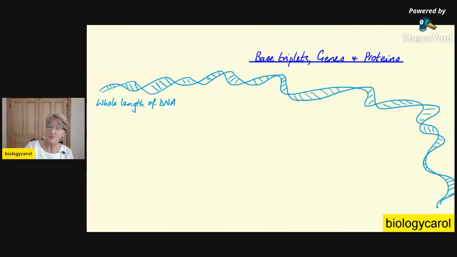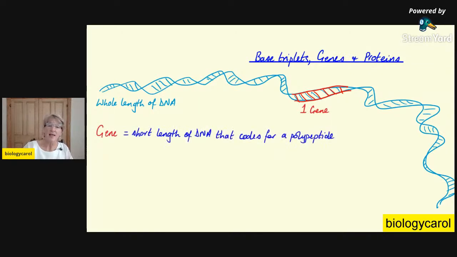Now let's talk about how the base triplets, genes, and proteins and characteristics all come together. Let's pretend that this fine drawing is a whole length of linear DNA that makes up a chromosome of us, let's say. A short section of that DNA is one gene.